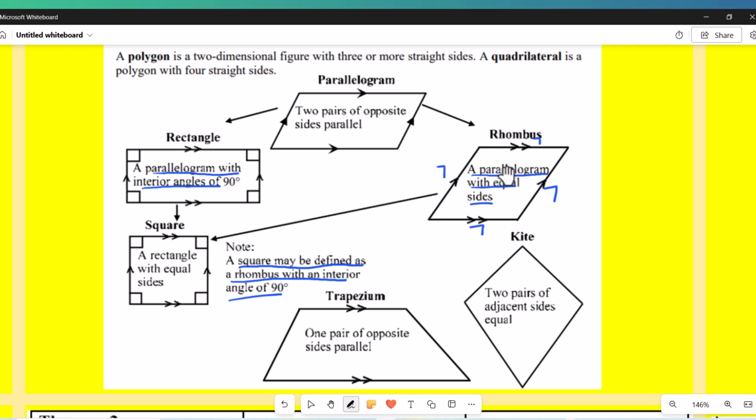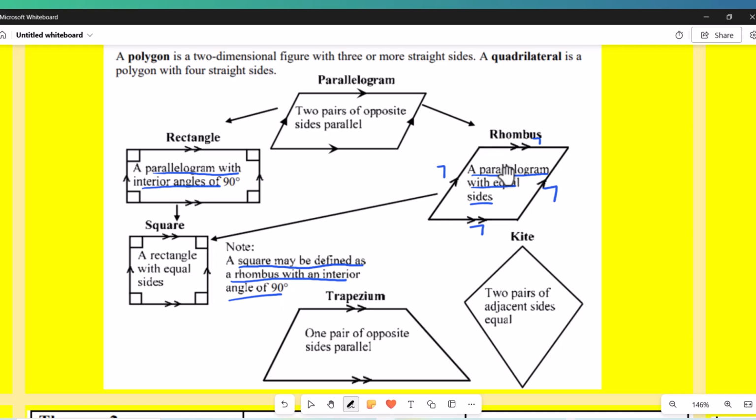It's true, because a rectangle is a parallelogram with interior angles of 90 degrees. Now they can also say that a square is a rhombus. It's also correct. Like we have seen, a square is a rhombus with 90 degrees of interior angle. So it's also true.